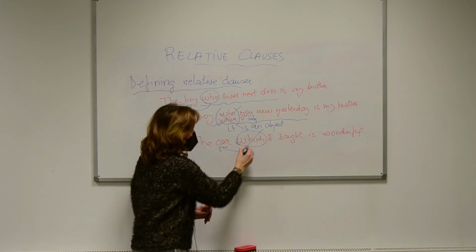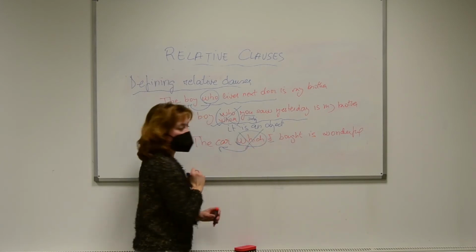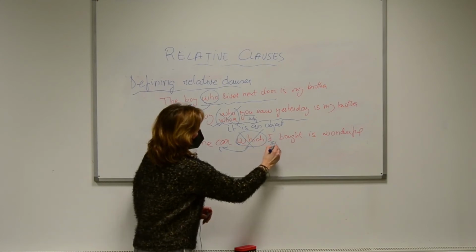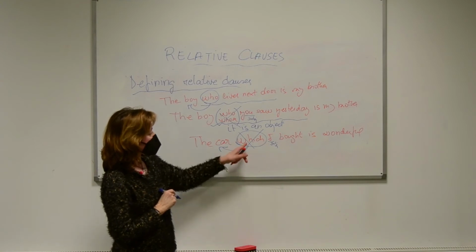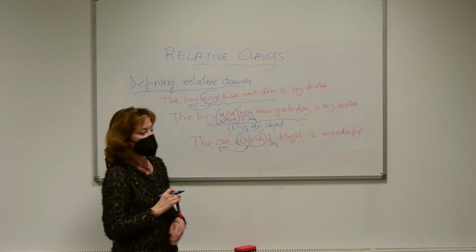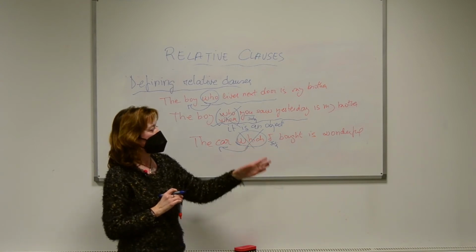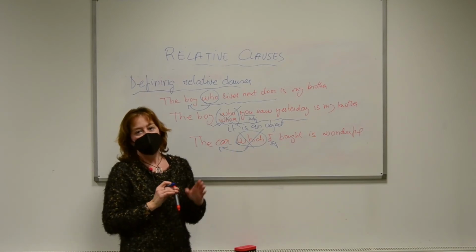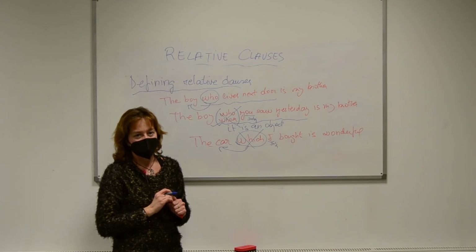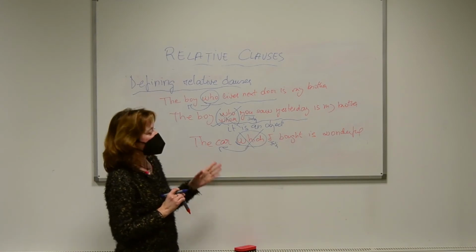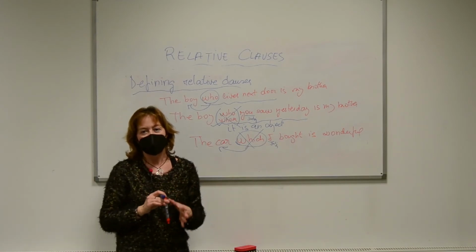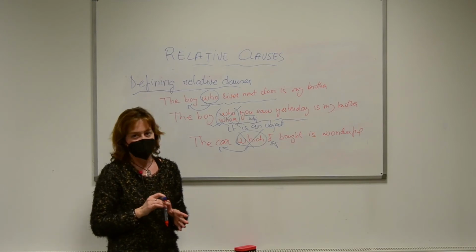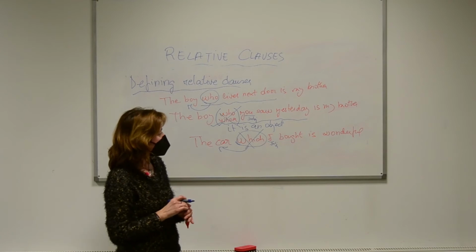This relative pronoun can be omitted because here we have the subject of the relative sentence. We can say, the car which I bought is wonderful, or the car I bought is wonderful. Both sentences are possible. These are called defining. Defining means that the information is completely necessary for understanding the whole sentence.